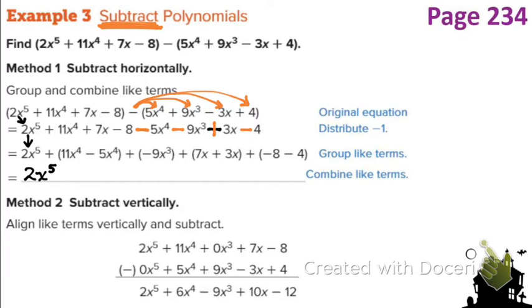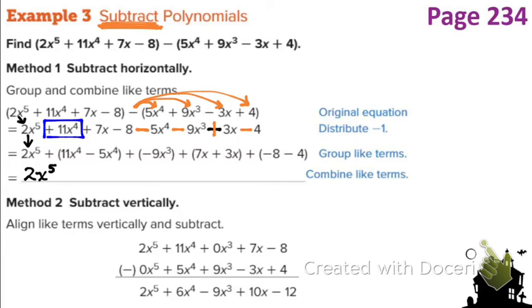Shadrach. Next thing I see here is 11x to the 4th in my first polynomial. Does that have a like term in the other polynomial? Yeah. What is it? What is the like term? 2? I don't see a 2. No, 11. I have 11x to the 4th.